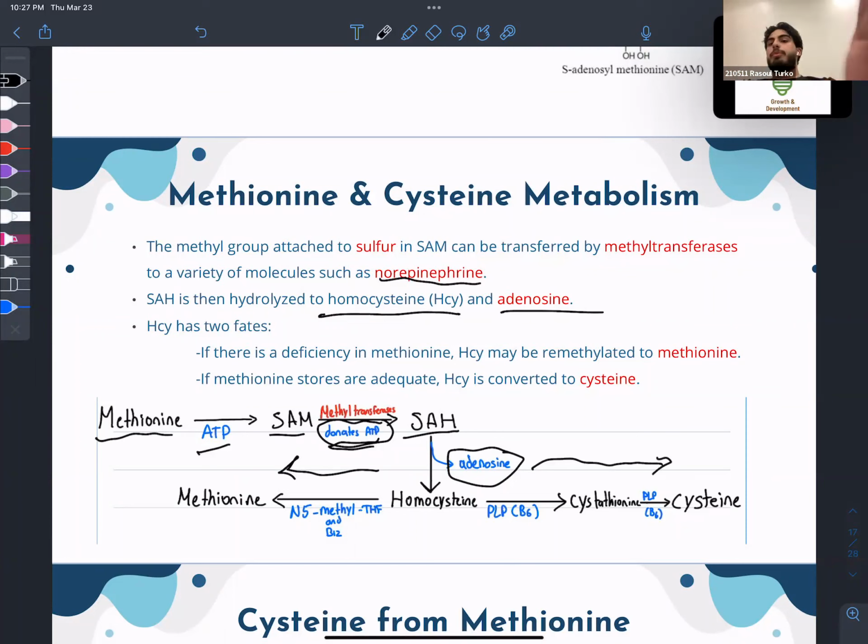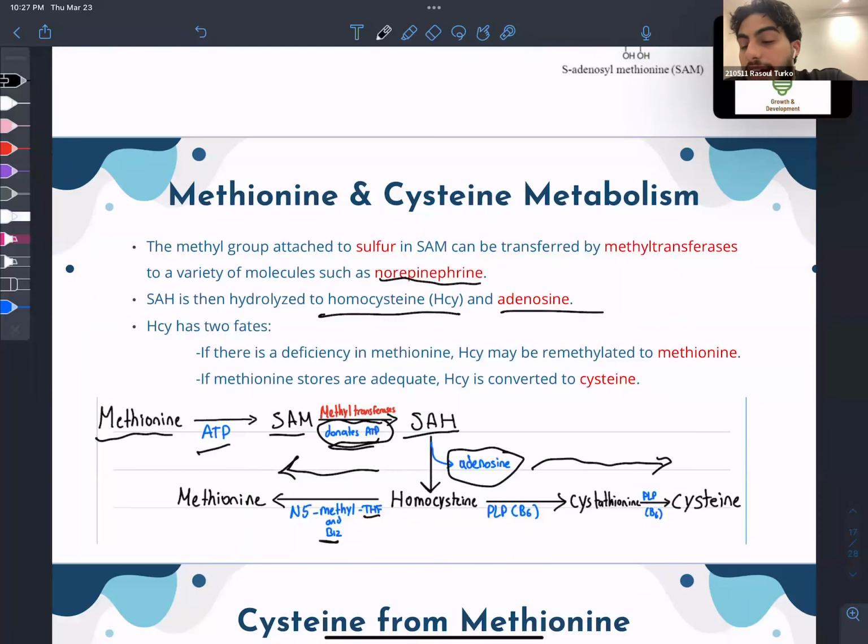What's important to know is that whichever pathway it takes, it needs different cofactors. If we didn't have a lot of methionine and wanted to produce more, we would need two cofactors: THF, which is B9, and B12.